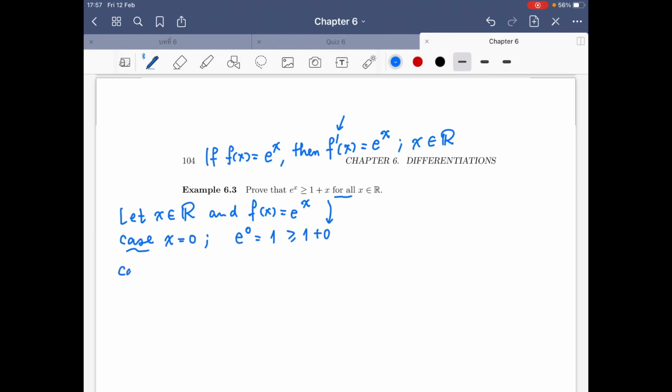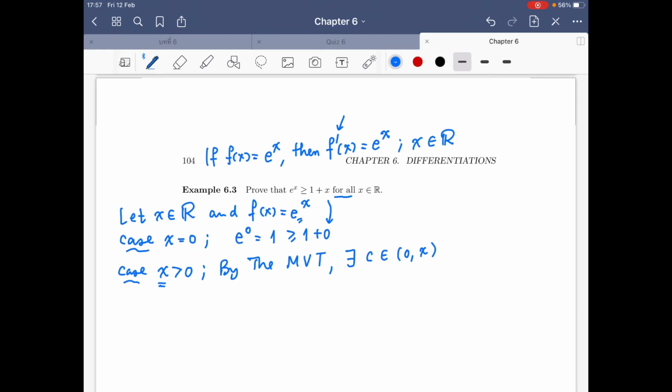Now for the next case, if your x is positive, then by the mean value theorem, which we are going to abbreviate by MVT, there exists c in this interval from 0 to x, because right now as your x is a positive number, your exponential function is continuous in the closed interval 0 to x, and also can find a derivative inside the open interval 0 to x.